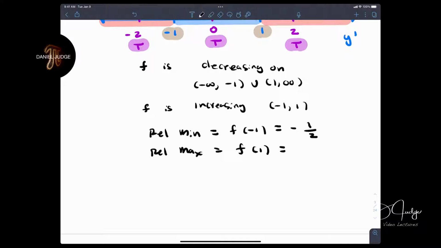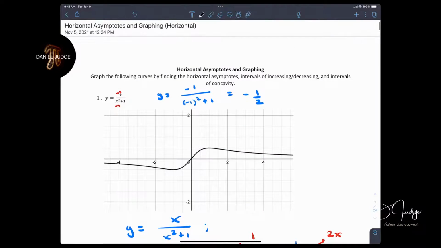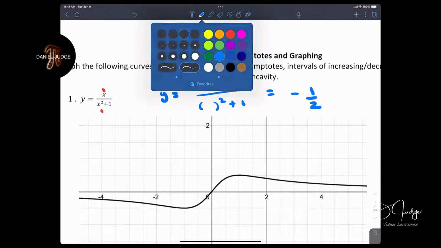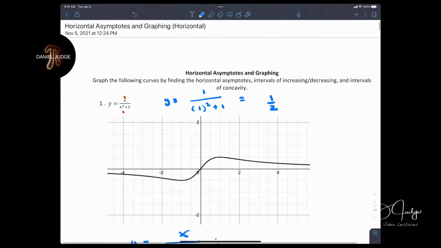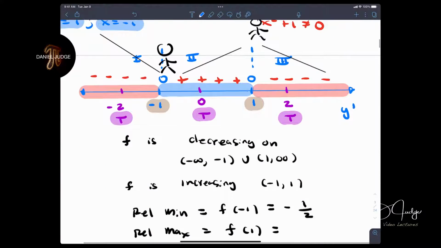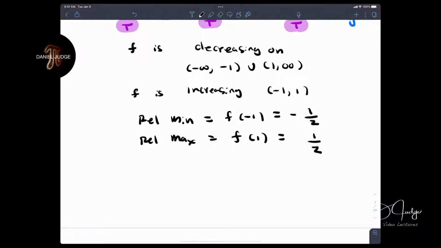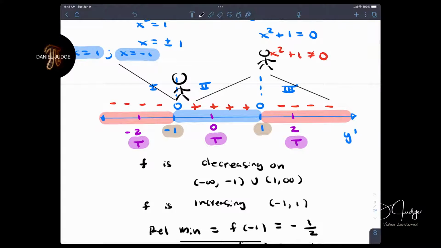The x value now is 1, the relative maximum value, plug in a +1 now. And when you plug in a +1, we get +1/2. Okay. So +1/2, the relative max. This is going to be important details, because you're essentially looking at the graph of the curve right in here. This is really how the curve looks.